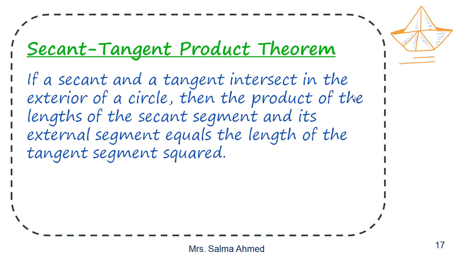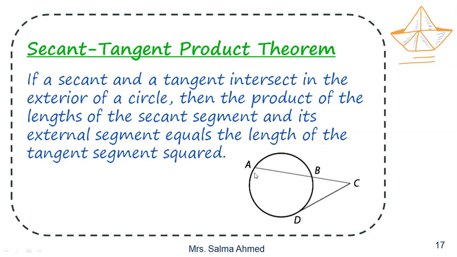The secant-tangent product theorem says if a secant and a tangent intersect in the exterior of a circle, then the product of the length of the secant segment and its external segment equals the length of the tangent segment squared. So here I have the drawing. This is clearly a secant, and this is a tangent.